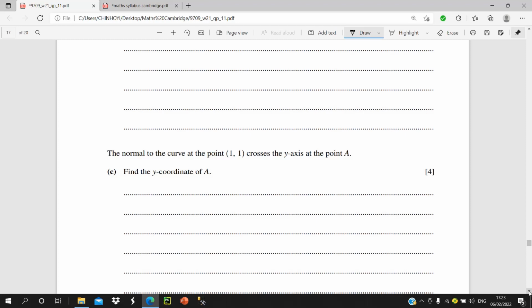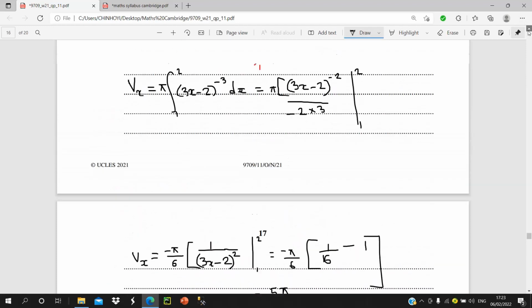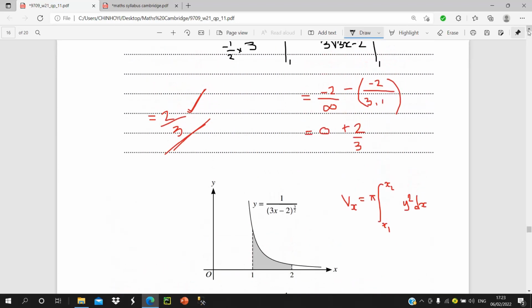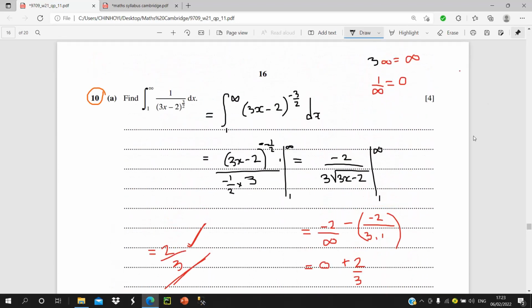So the equation of the normal, first of all, you have to find the equation of the tangent by finding dy/dx at that point. So you have your y. Let's find dy/dx. Here it's our y.